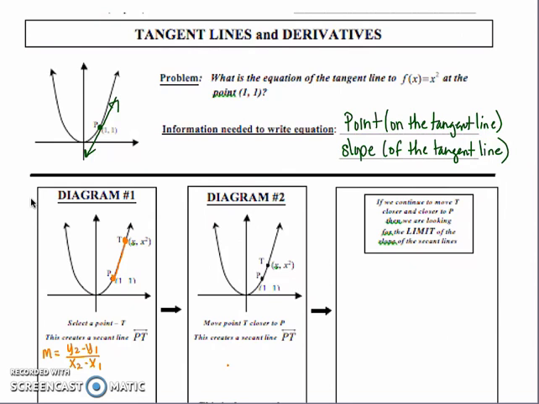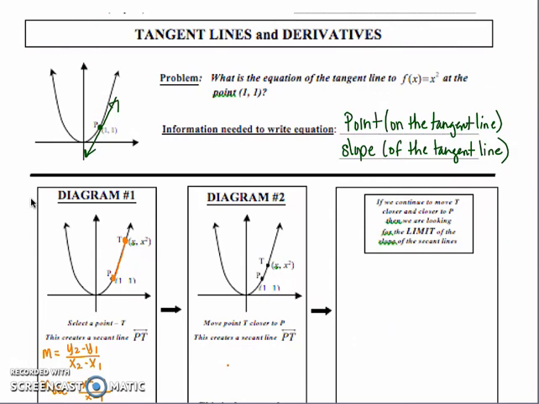So for this particular picture, the slope of our secant line would be equal to the y2 value, we're going to call T, and y1 we're going to call P, okay? So then y2 minus y1 would become x squared minus 1. And then x2 minus x1 would just become x minus 1 in the denominator.